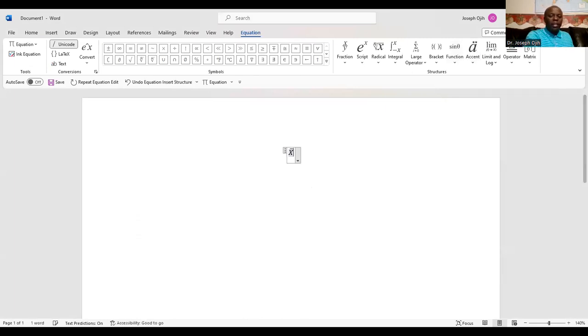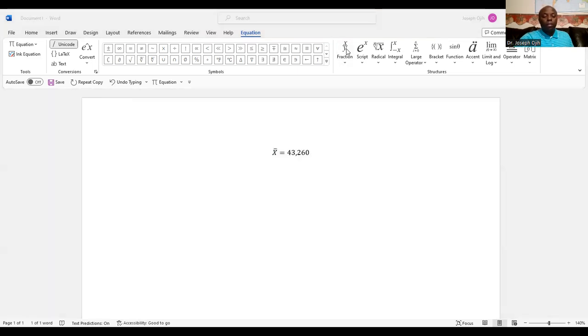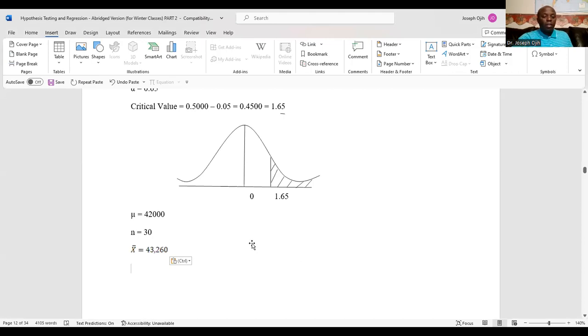Now here you can get the character, X bar is 43,260, which we can now copy and put on our main workbook. Okay, that's fine. So now the standard deviation, sigma, equals 5,230.